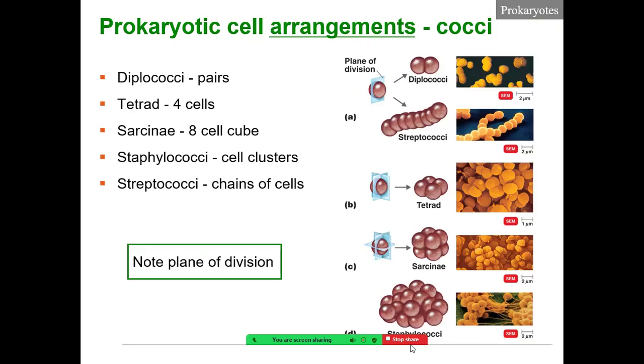All right, let's talk about the prokaryote cellular arrangement, also called the cell growth arrangement. These are what arrangement the cell forms if the cells divide and then the cells stick together.